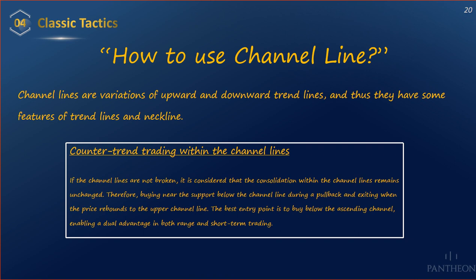Buy the stock when the price falls to the lower channel line and exit when the price rises to the upper channel line. The best entry point is to buy below the rising channel, thus gaining a dual advantage in range and short-term trading. Let's study a graph for a clearer understanding.